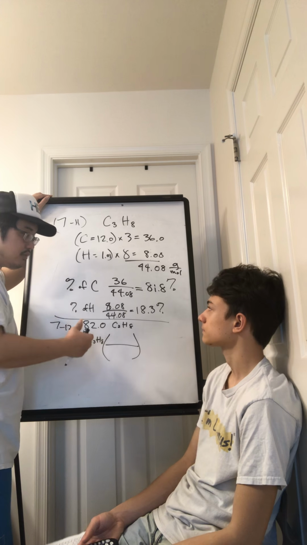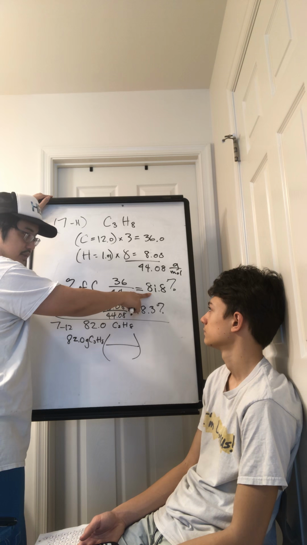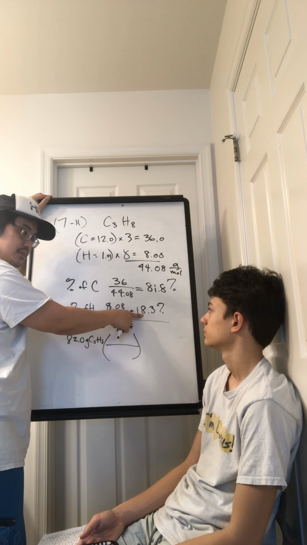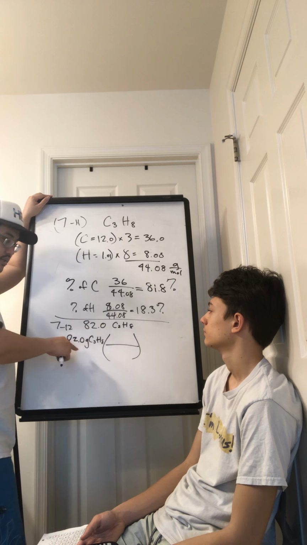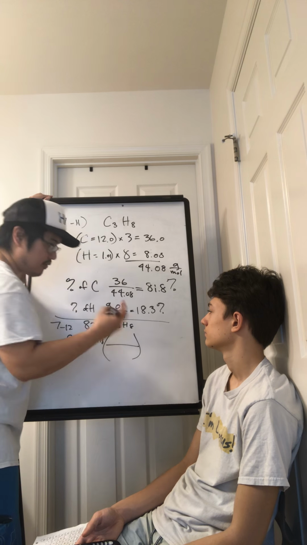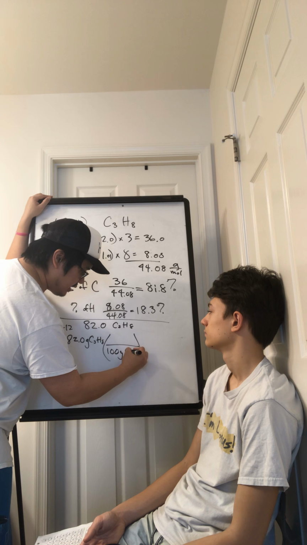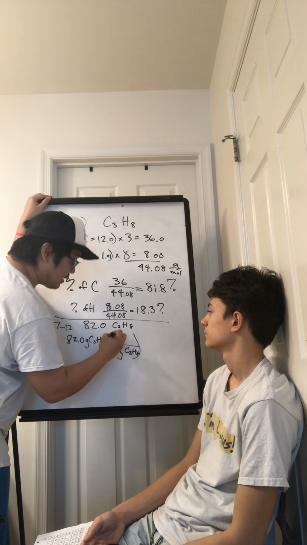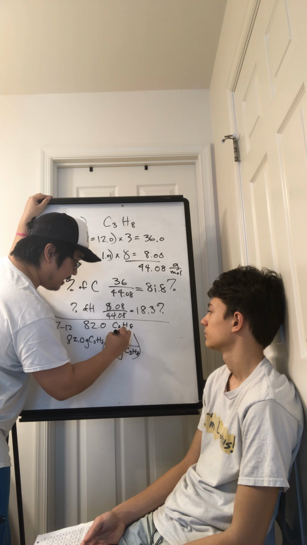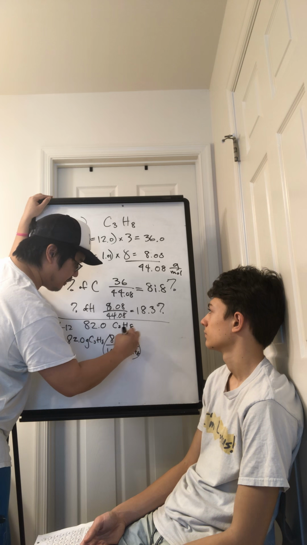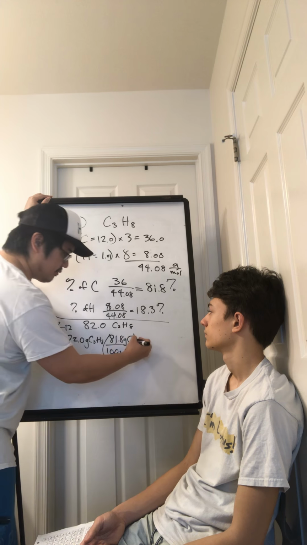So if I had 100 grams, I'd have 81.8 grams of this and 18.3 grams of this. Does that make sense? So that's a conversion factor. That's saying 100 grams of C3H8 is going to give me 81.8 grams of just the carbon, or C3, I guess.